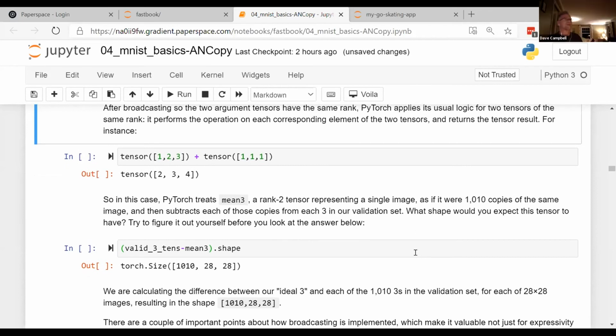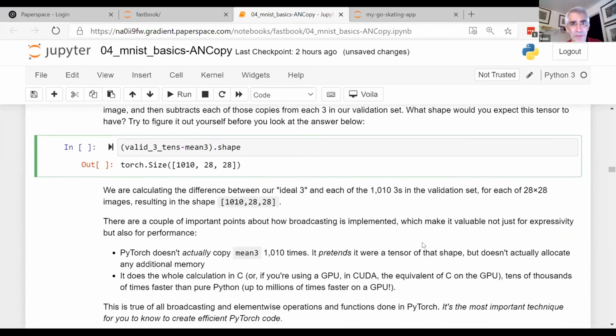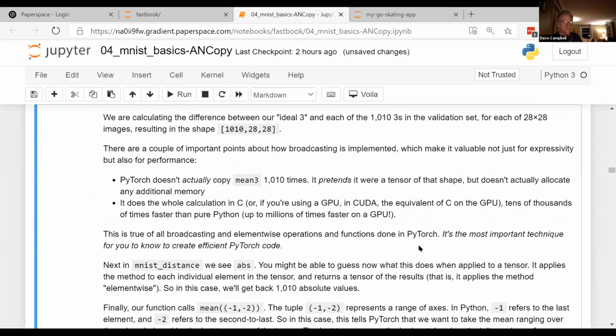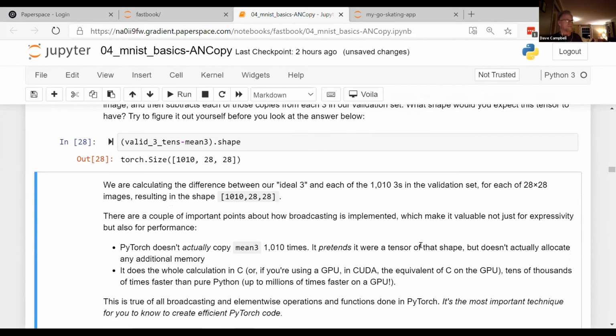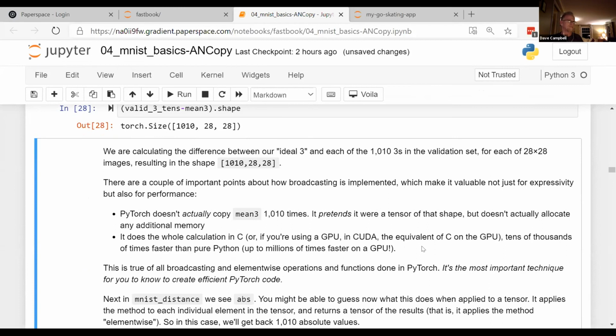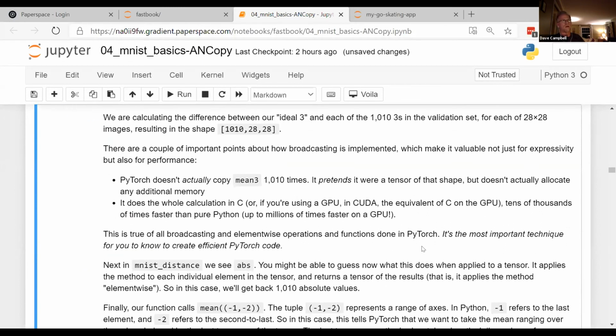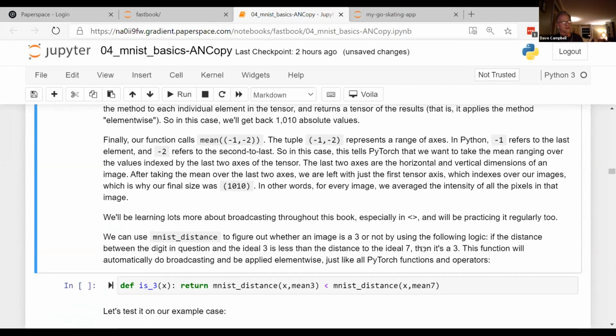Oh, maybe, because it's a distance, you want the distance to be low if it's a 3. Yes, they should be more similar, which would be a lower distance. Good point. Yep, low error. 0 error would be a perfect 3 compared to the perfect 3.